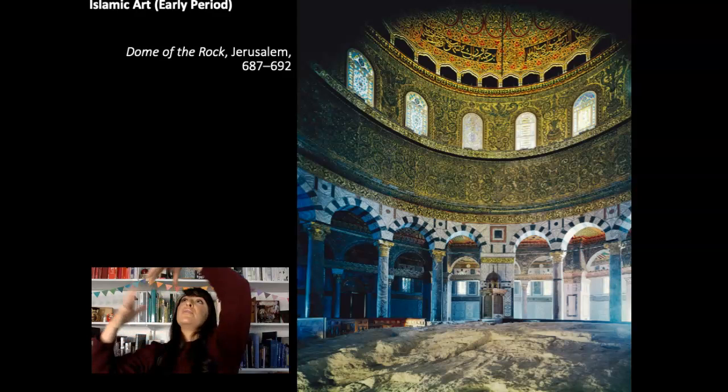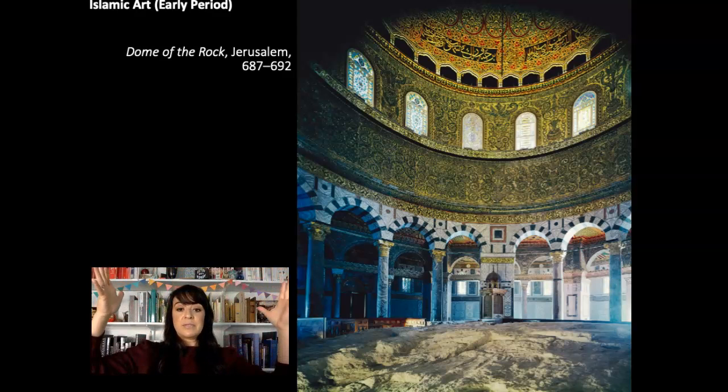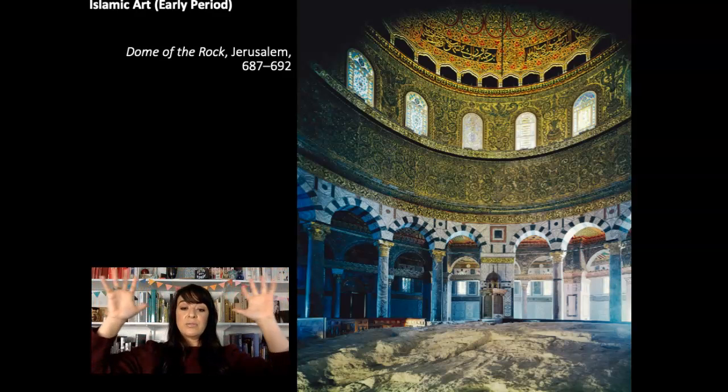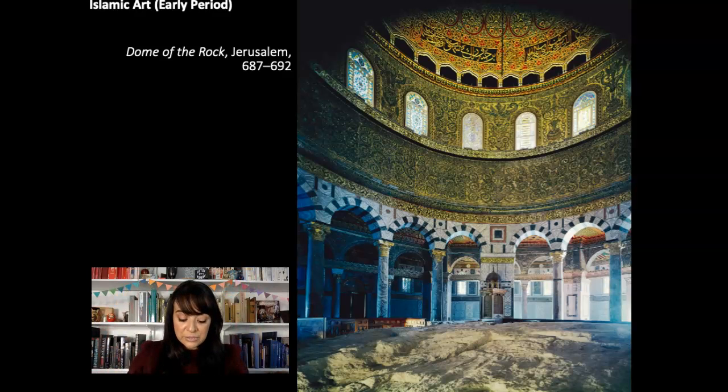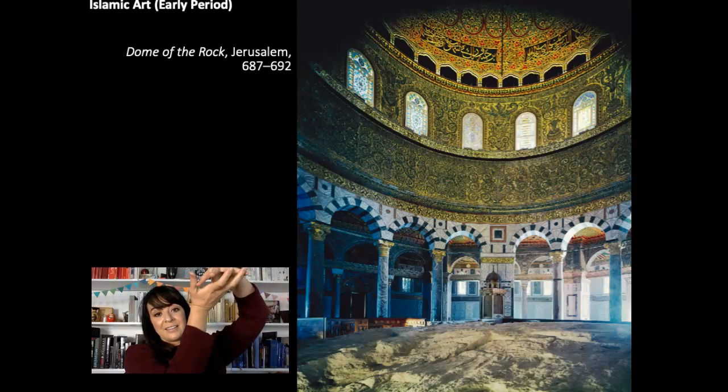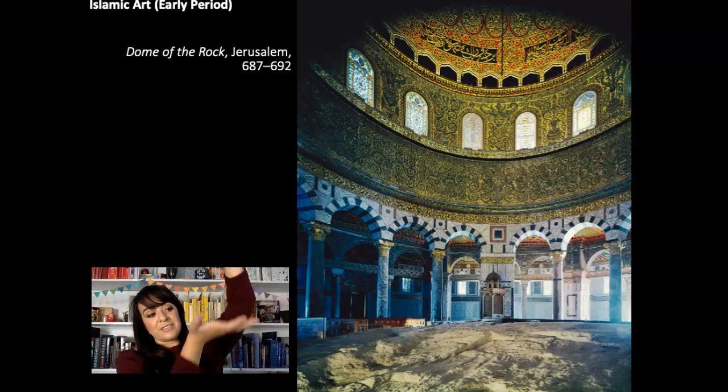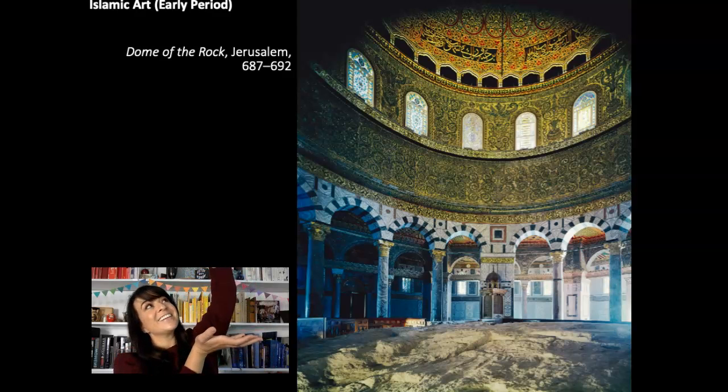Here, this beautiful gold and glass mosaic dome is speaking to the splendor of Allah, of God, and it is heaven. It is from this rock that the Prophet Muhammad had a vision of heaven. So we see this blending of the Prophet's vision with that dome of heaven.